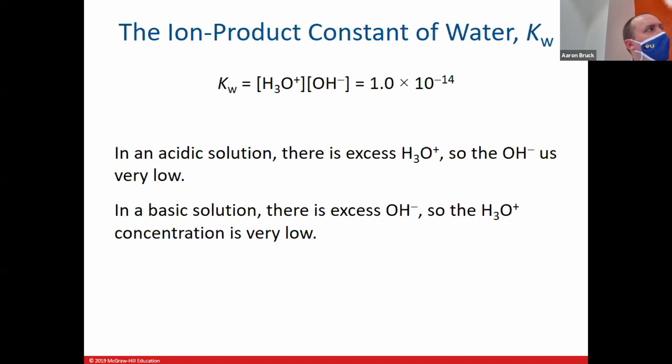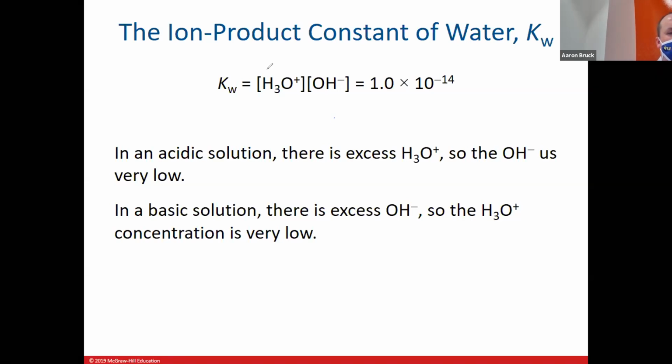Again, just to reiterate what the mathematical equations here at the bottom were saying, in acidic solution, we've got extra hydronium, which means the hydroxide concentration is going to be low. We can think of it as kind of like a teeter-totter.